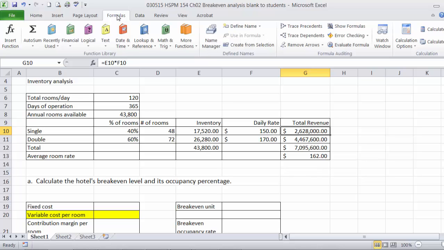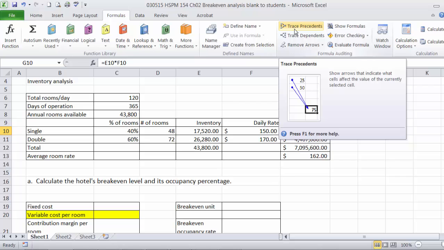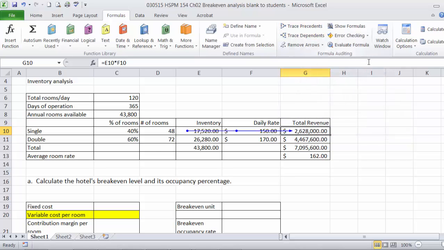You click on formula, right? Then you can trace. So this is a way that you can trace. This cell is calculated from these two cells here.